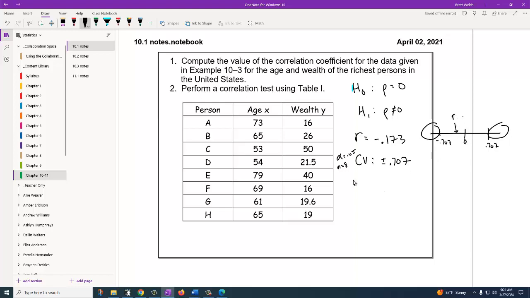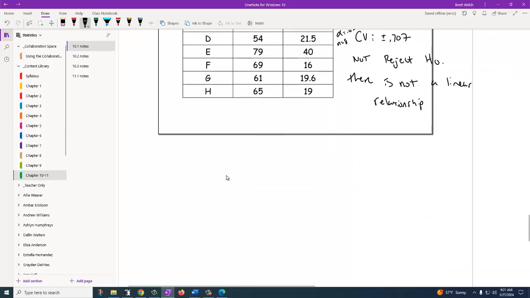So I would not reject H naught. And I would say that there is not a linear relationship. If I rejected H naught, I would say that there is a linear relationship and a model can be built.